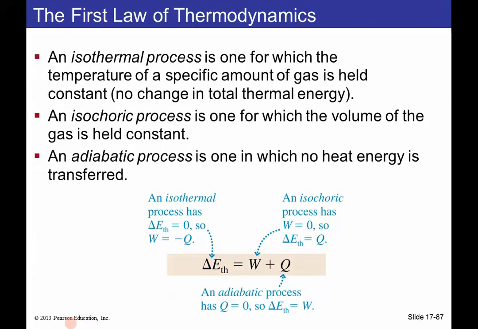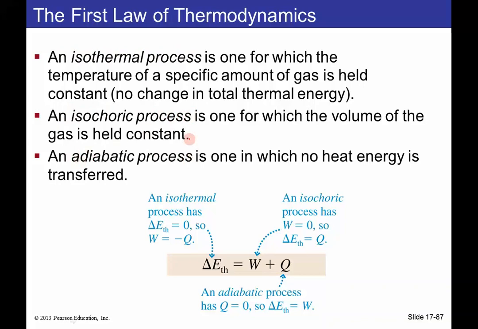So remember the first law of thermodynamics. It says that the change in thermal energy for a system is equal to the work done on the system by the environment plus the heat going in or out of the system. Now there are three processes that are important, or three out of four: the isothermal process, the isochoric process, and the adiabatic process.